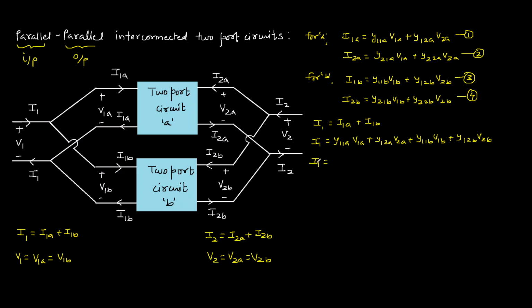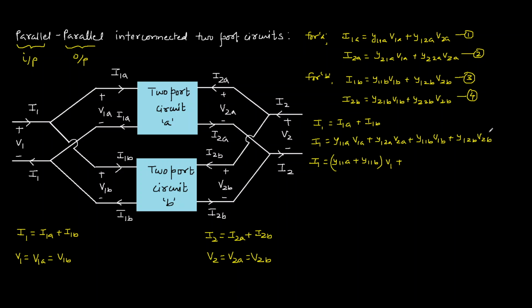Here we know that V1 is equal to V1A, and that is equal to V1B. So we can replace V1A and V1B by V1. So now we have I1 equal to Y11A plus Y11B into V1.